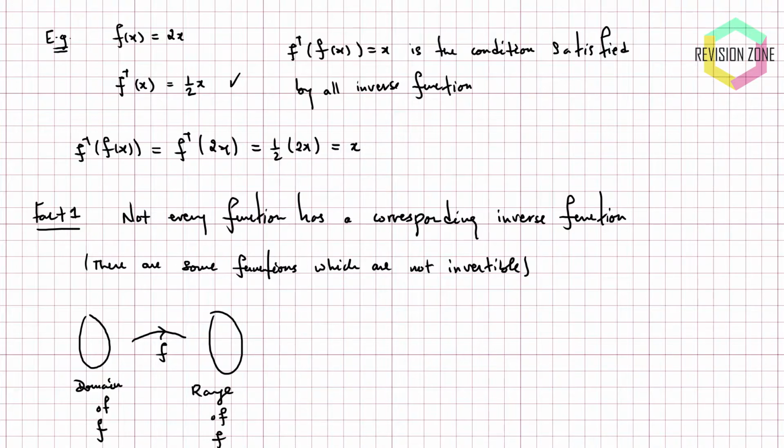Okay, but as we've already seen, because the inverse function is going to do the opposite, it's going to go the other way around, and that's our inverse function, provided it exists. And what we're seeing is this thing here now happens to be the domain of our inverse function. And as a result, this thing here is the range of our inverse function.